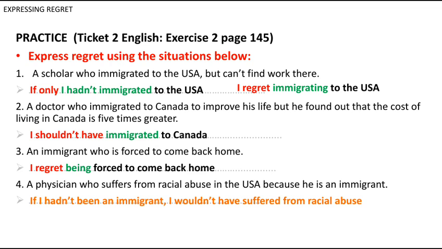Okay. If only plus subject plus past perfect. We have I shouldn't or I should have plus past participle. We have I regret plus ing, and we have conditional type 3 in this exercise. Okay, let's recapitulate what we have seen. Okay, we express regret with the following structures.